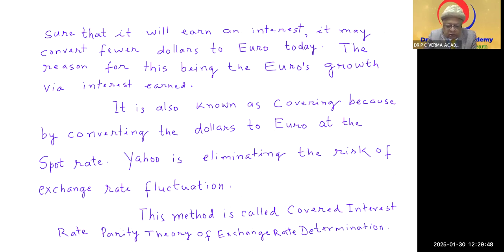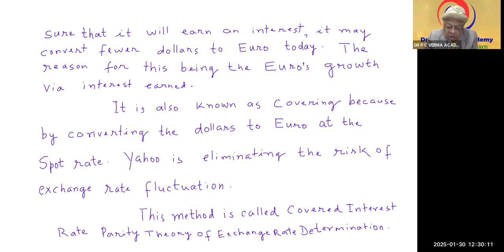Thus, we come to the conclusion that according to the covered interest rate parity theory of exchange rate determination, the exchange rate forward premiums discount nullify the interest rate differential between two sovereigns.